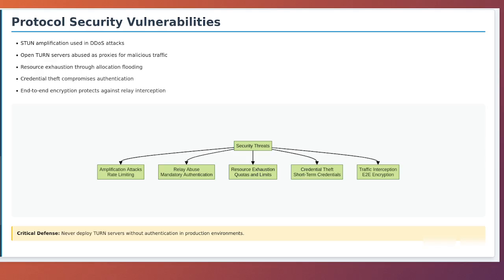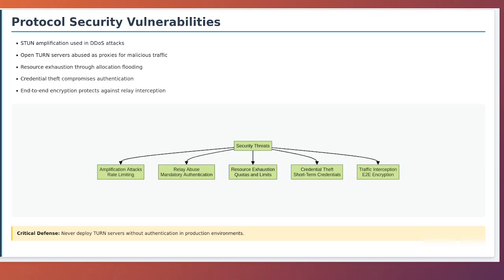The authentication mechanisms themselves can be vulnerable if not properly implemented. Long-term credentials using static passwords are vulnerable to credential theft and replay attacks. If credentials are transmitted insecurely or stored improperly, they can be compromised. Short-term credentials with limited validity are more secure, but the credential issuance process must be protected.